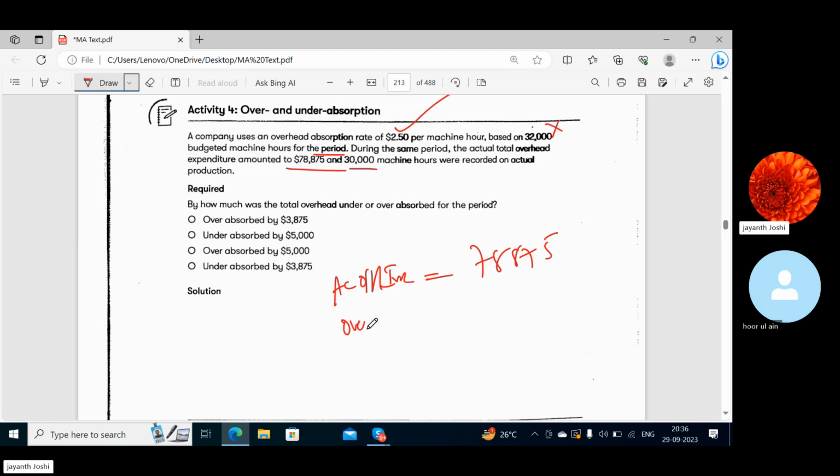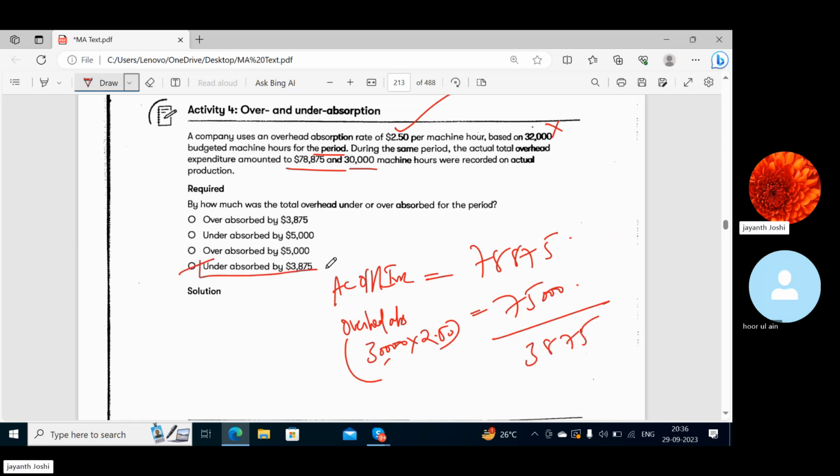So overhead absorbed: 30,000 actual hours into the overhead absorption rate will give you what? 75,000. So you are showing less, you have incurred more, right? It is under absorption, yes, 3,875. So under absorbed by 3,875. Just finish this, we'll move forward.